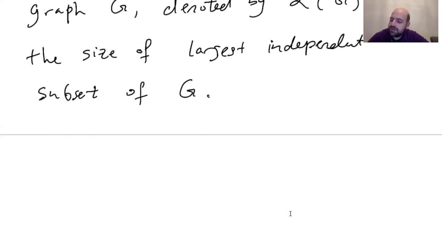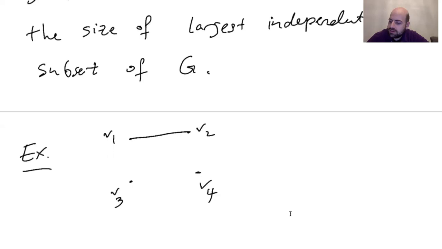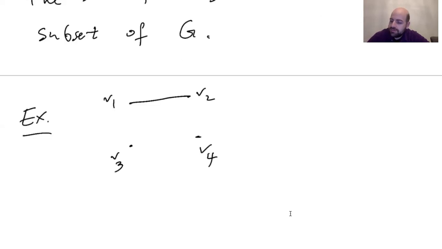Okay, so let's look at an example. Let's do a very simple example. Let's say V1, V2, V3, V4. So this is a graph with 4 vertices and only one edge.